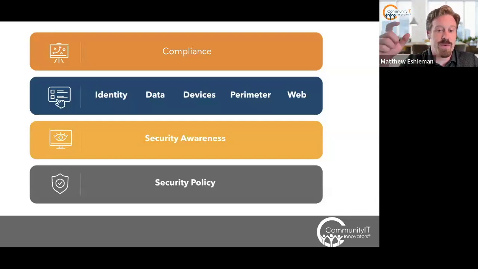You'll notice we don't jump straight from policy into technology, but really have that layer of security awareness training as a key element. Most of the attacks that we see in this small to mid-sized nonprofit space that we support are initiated by people clicking on something that they shouldn't have, or getting tricked into updating payment information, or buying gift cards, or updating information for somebody that's obfuscating their identity.